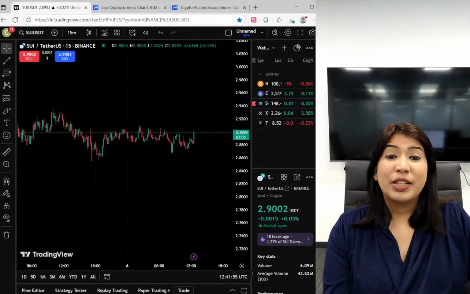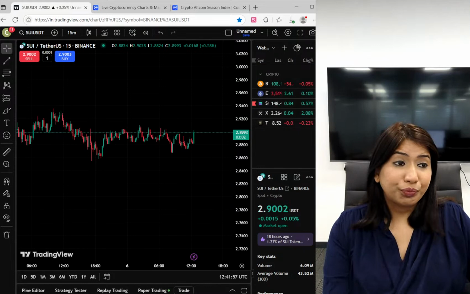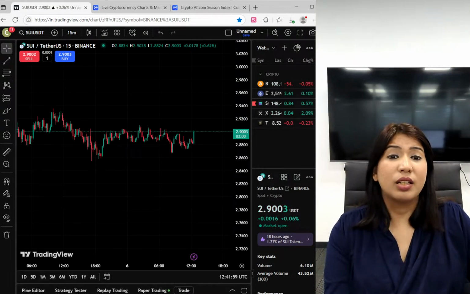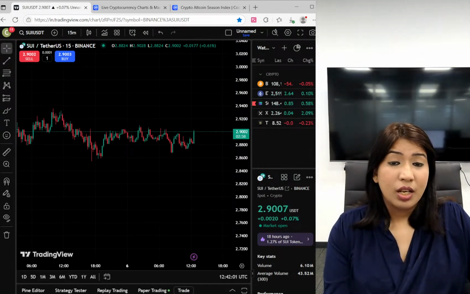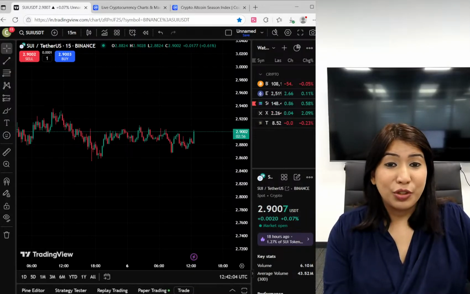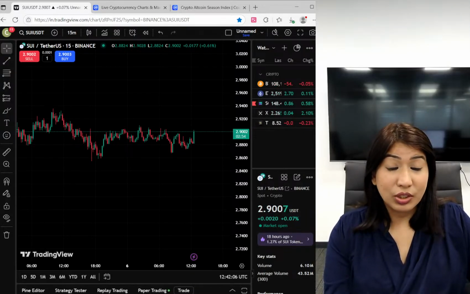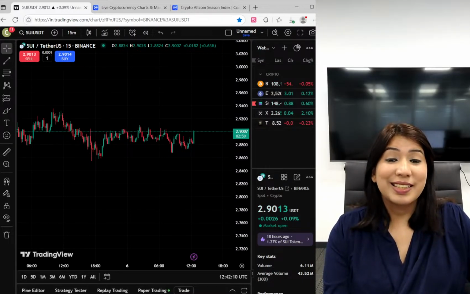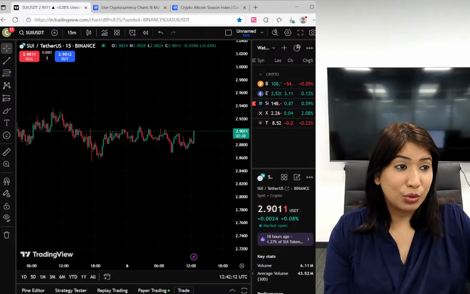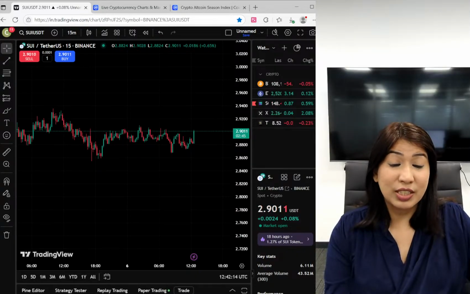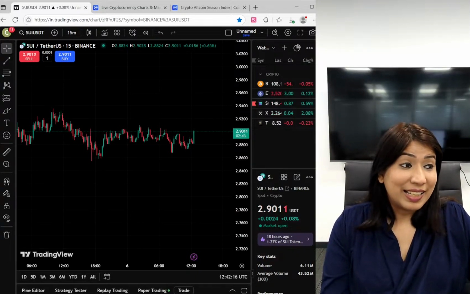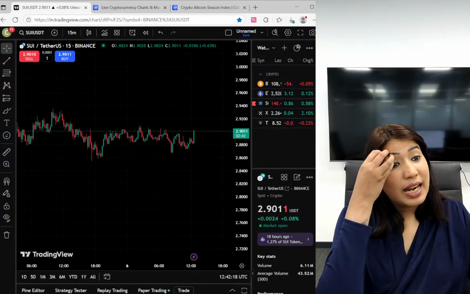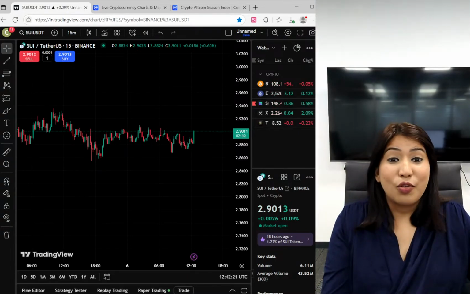Coming to the regulatory milestones, the Genius Act has been approved by the US Senate for stablecoin oversight, and for ETFs, House Crypto Week is scheduled for July 14th to 18th, when key legislation, Clarity Act, Anti-CBDC, Genius Act, all will be debated and voted on.